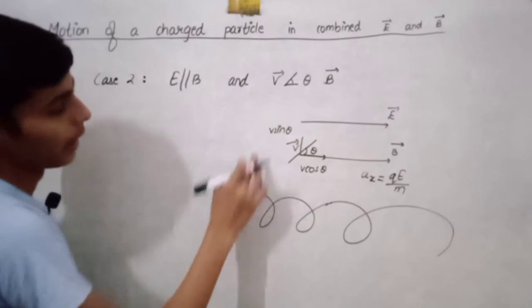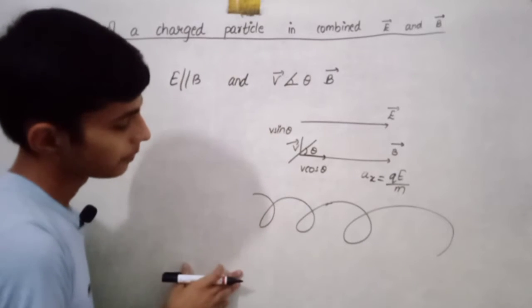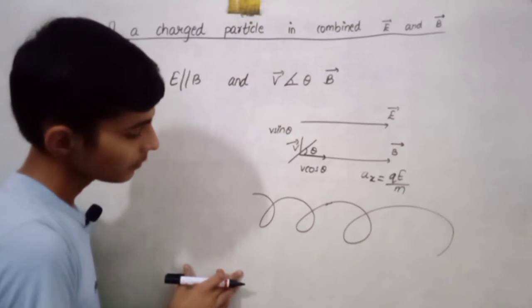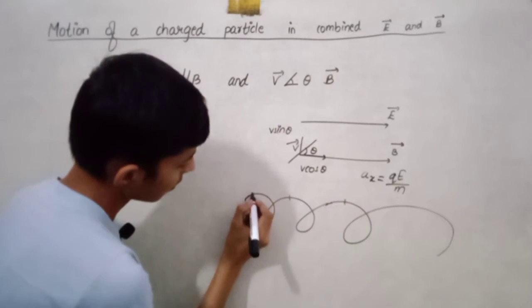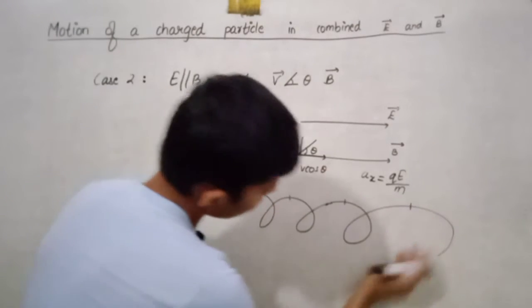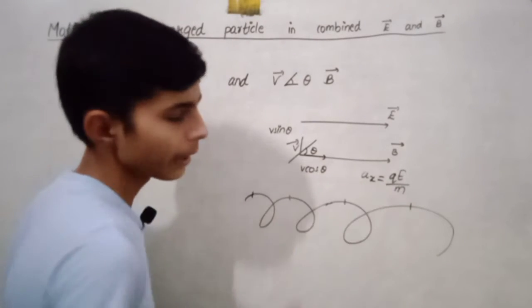This component is responsible for the circular motion of a particle, and we know that the particle has an acceleration of magnitude qE by m in the positive x direction. So the particle follows circular motion, but its pitch is going to increase because it has an acceleration of magnitude qE by m.